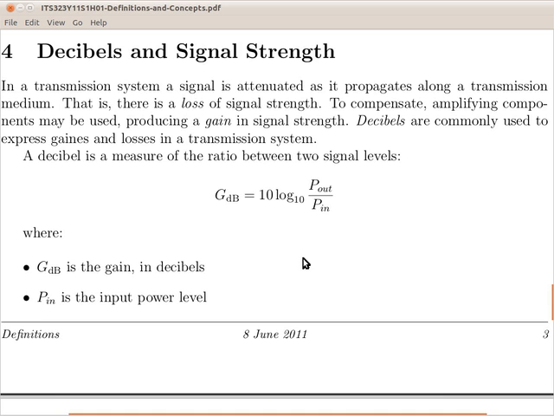The gain in dB is 10 log the absolute value. And that's any decibel, whether we're looking at gain, loss, when we look at signal to noise ratio, 10 log the ratio of the two power levels.